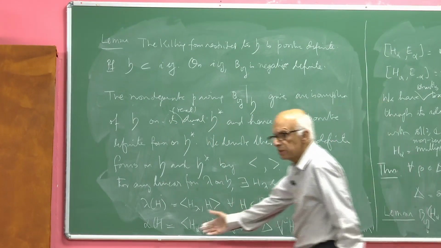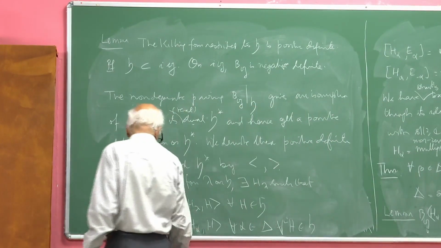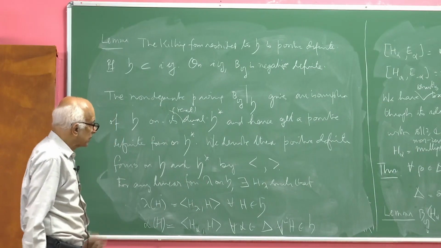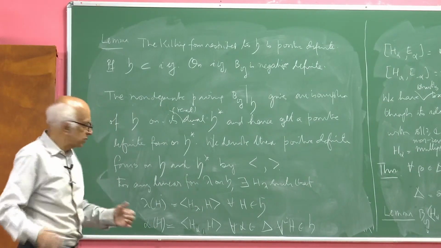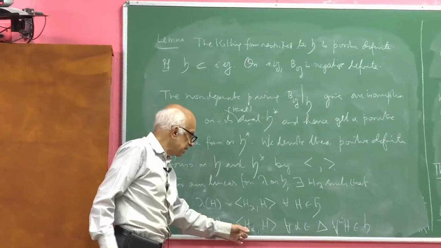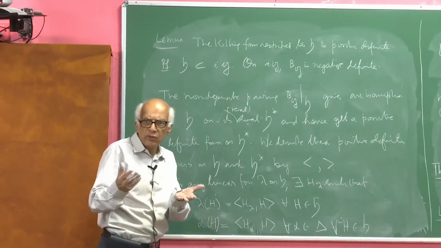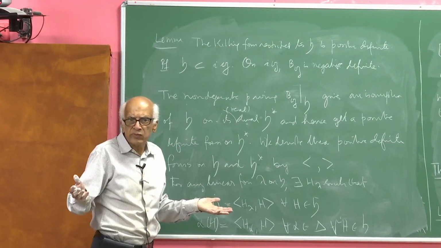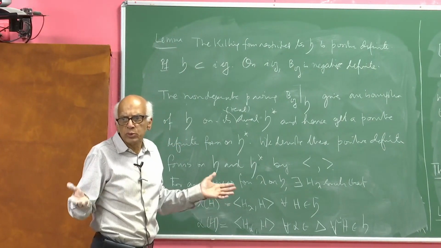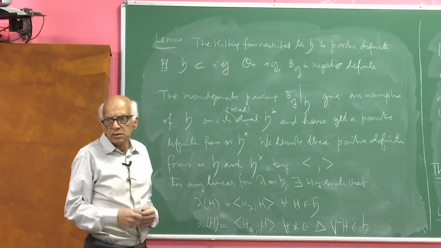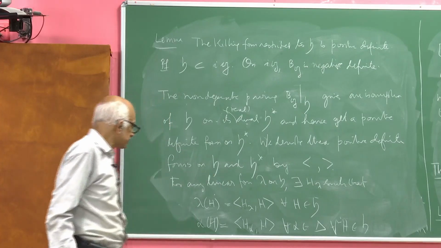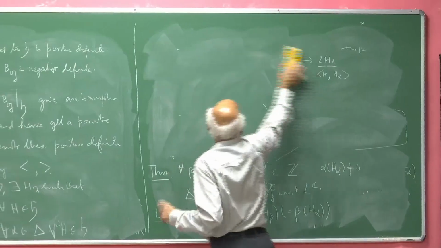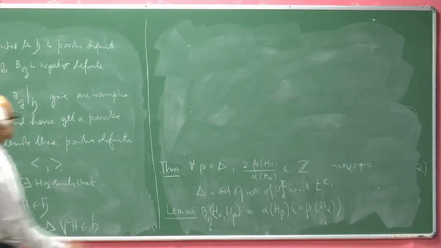We already proved this statement: the inner product of H alpha and H is alpha of H. I proved it for H beta, that alpha of H beta is the inner product of H alpha and H beta, but the proof goes through verbatim if you plug in H instead of H beta. The inner product of H and E alpha E minus alpha, you take, and then you will get this.